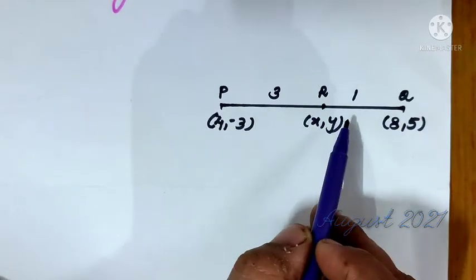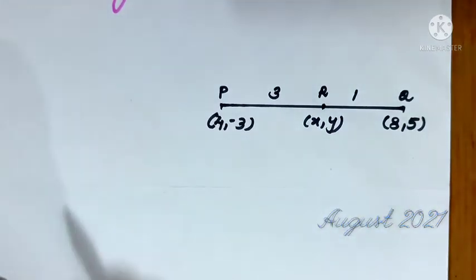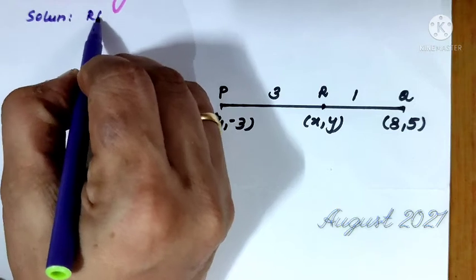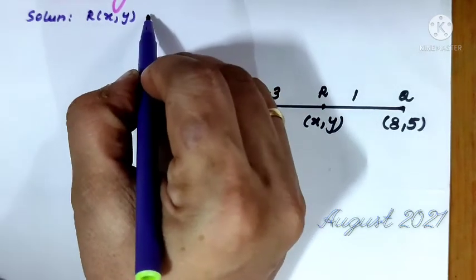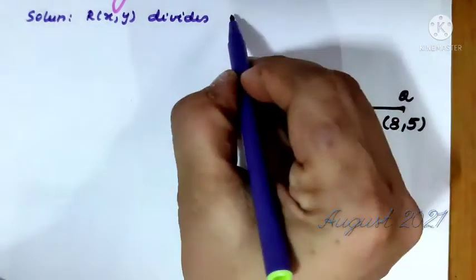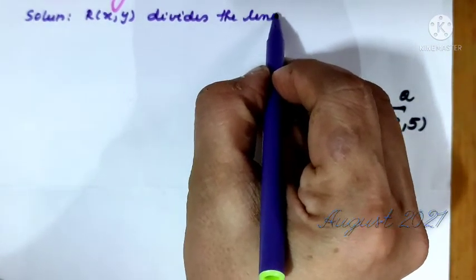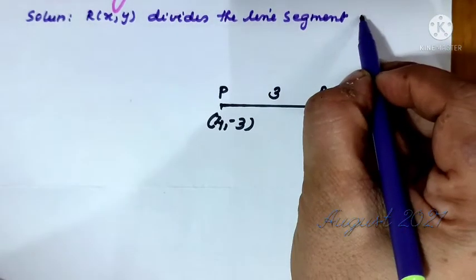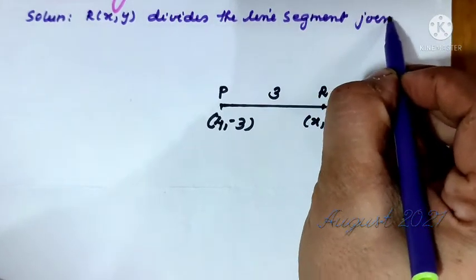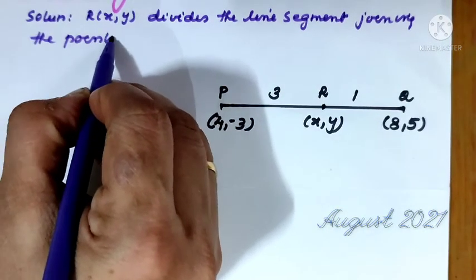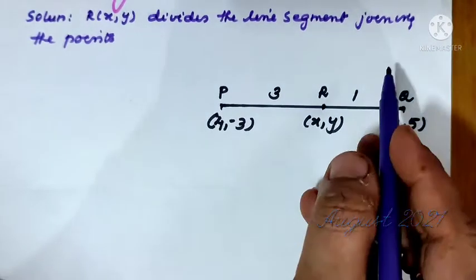And what is the ratio given? 3 and 1 only. So we have to use the section formula. We'll start the solution now. R(x, y) divides the line segment AB, joining the points PQ we have taken.